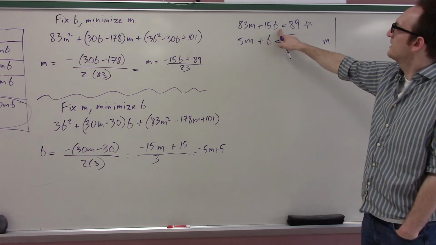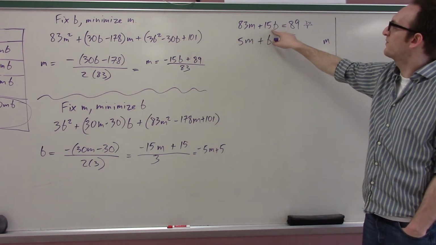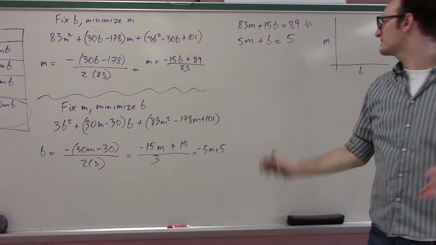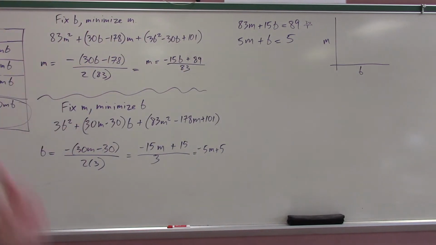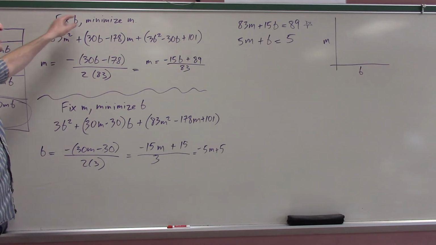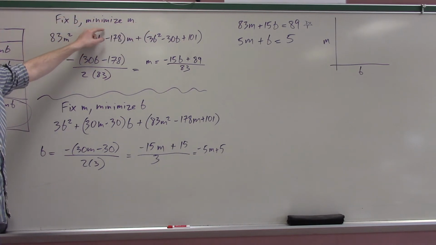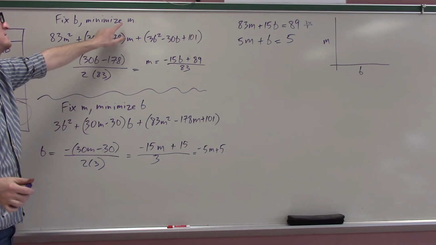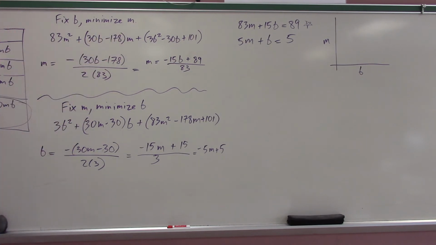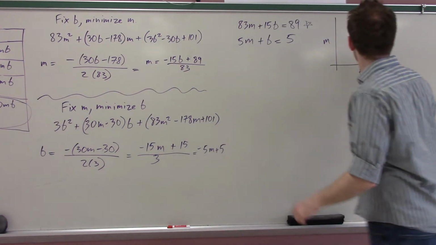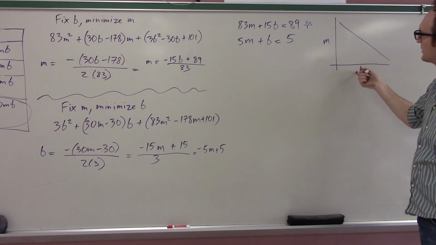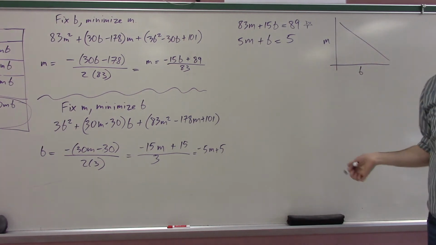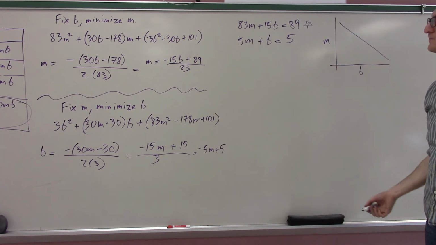This first line, 83m plus 15b equals 89, what that line predicts is the minimum m for a given b. In other words, you give me a b, and then this function produces the minimum m value. As b varies, there is a different m which makes this expression as small as possible. So it's going to be some kind of graph, right? As b changes, every point on this line is the minimum m value for that particular b.